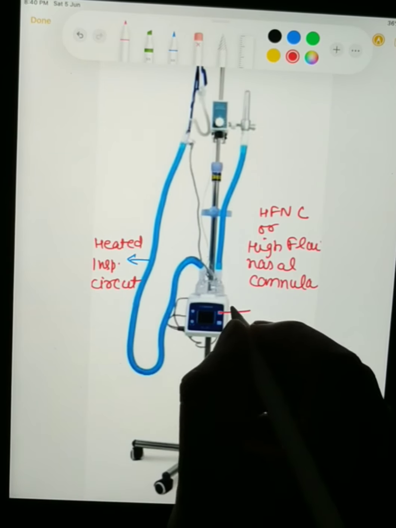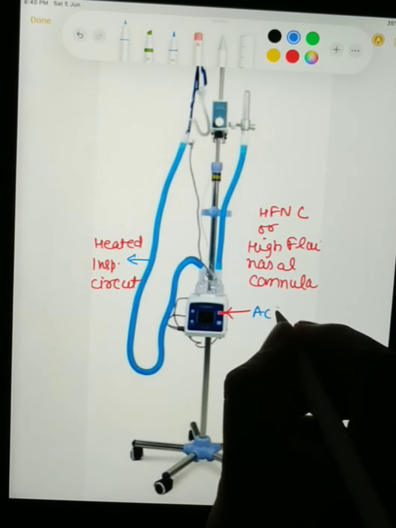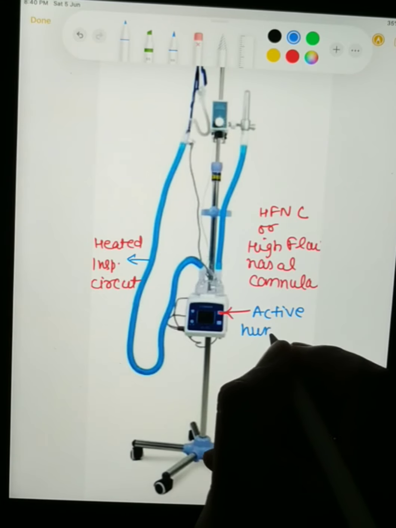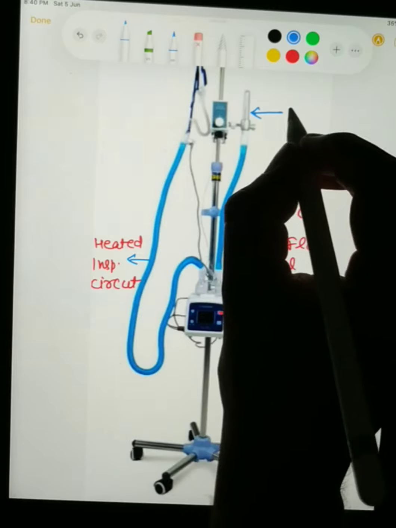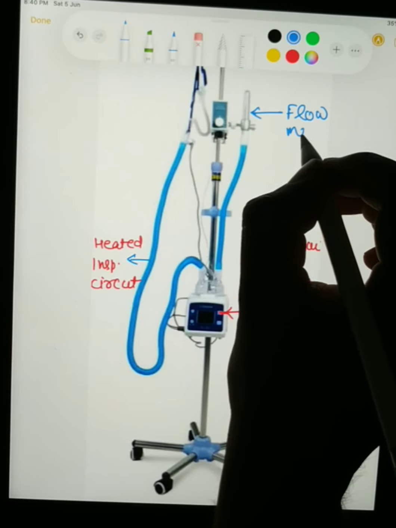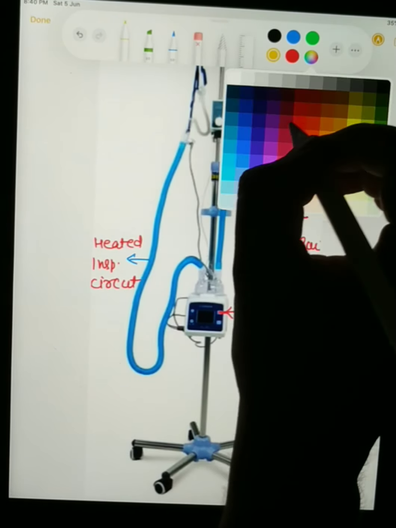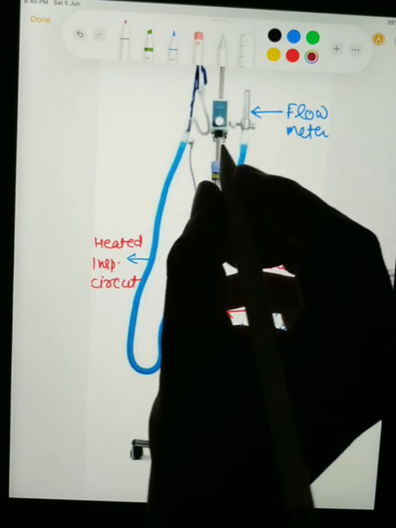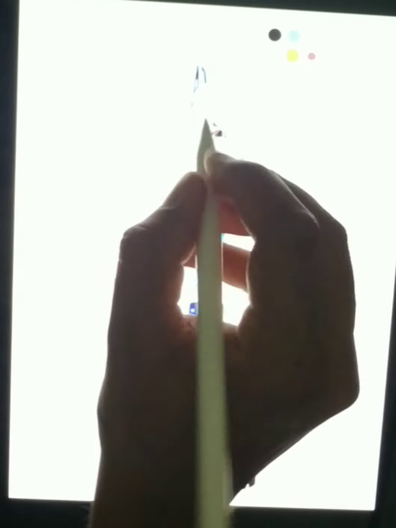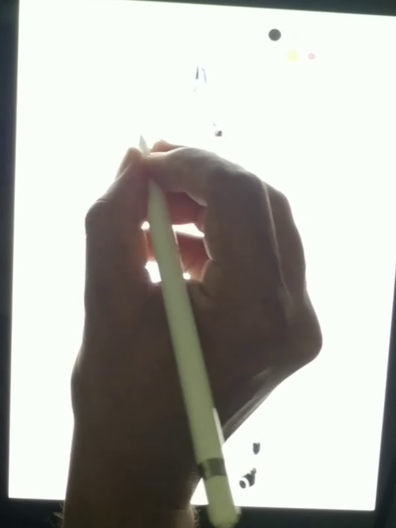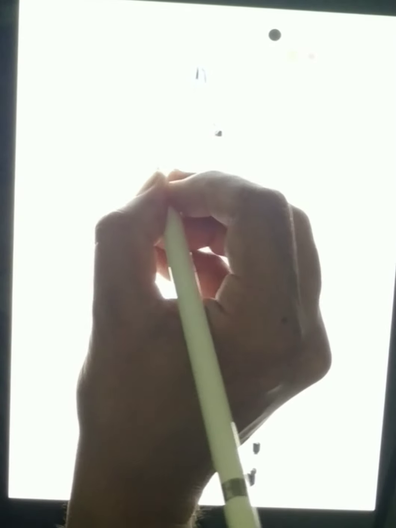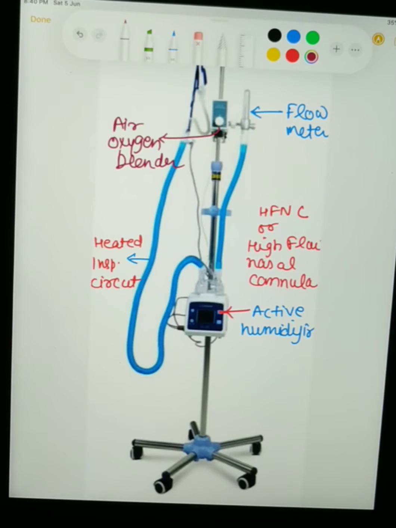This is the active humidifier. This is the flow meter. And this is the air oxygen blender. So these are the various parts.